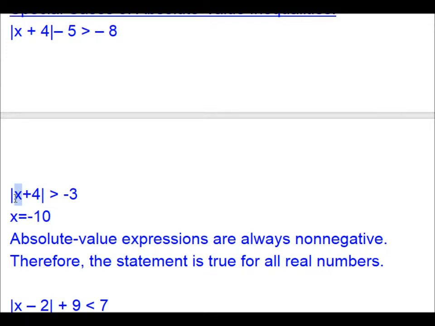So even if you put minus 10 here, 4 minus 10 is minus 6. Minus 6 under mod, the absolute value of minus 6 is 6, which is greater than minus 3. So this statement is true for all real numbers, and the solution set is all real numbers.